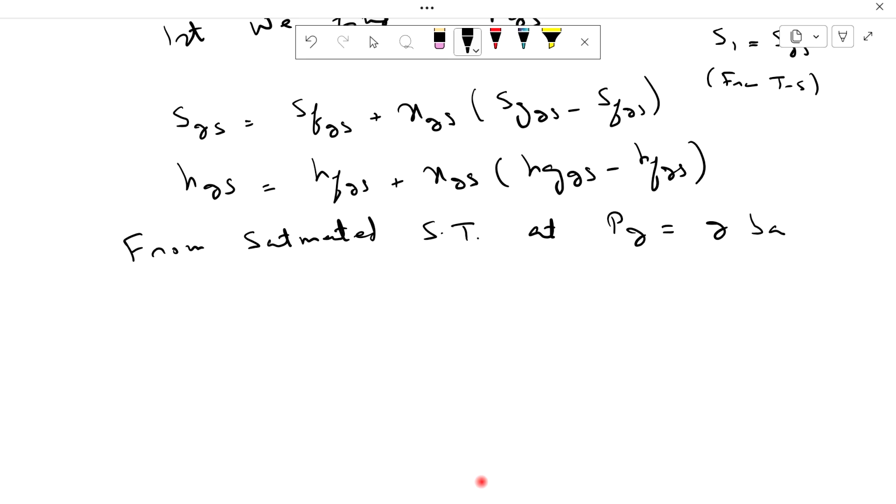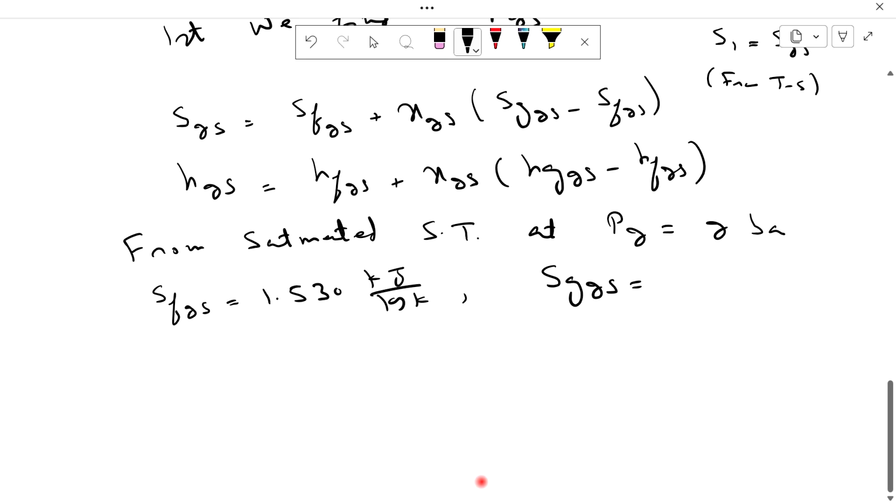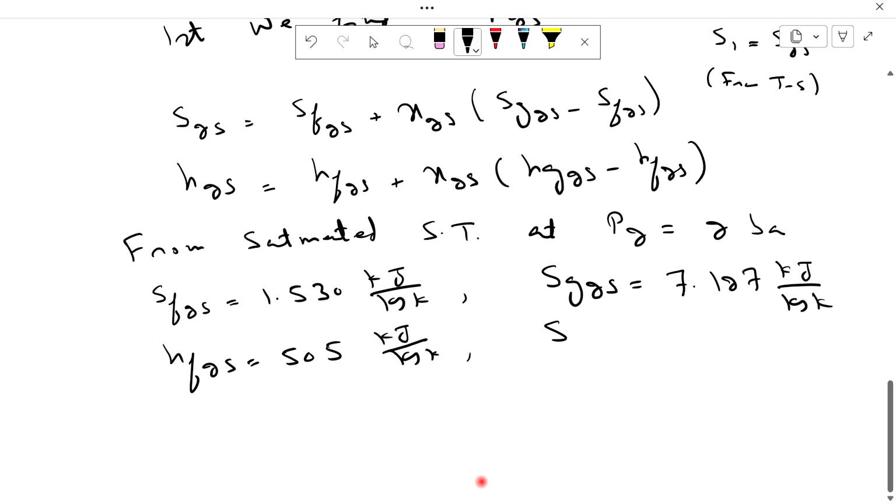SF2S is equal to 1.530 kilojoule per kilogram per Kelvin, and SG2S is equal to 7.127 kilojoule per kilogram per Kelvin, and HF2S is equal to 505 kilojoule per kilogram, and HG2S is equal to 2707 kilojoule per kilogram.